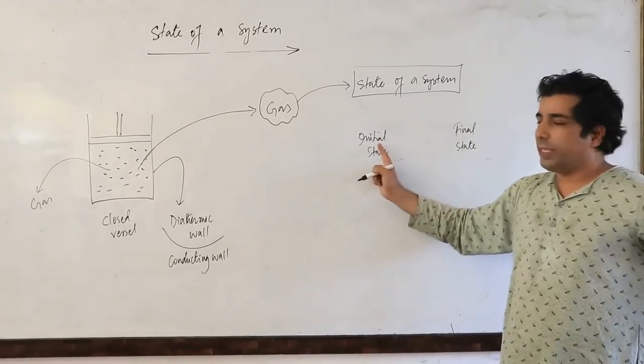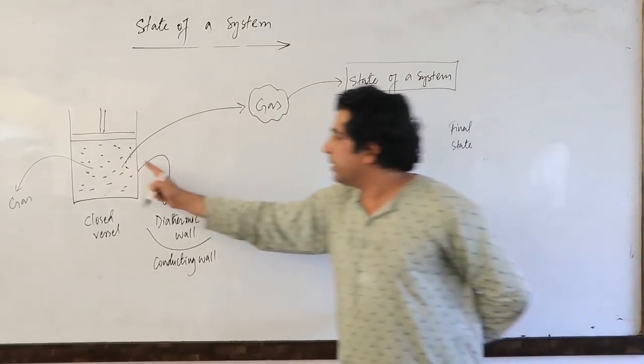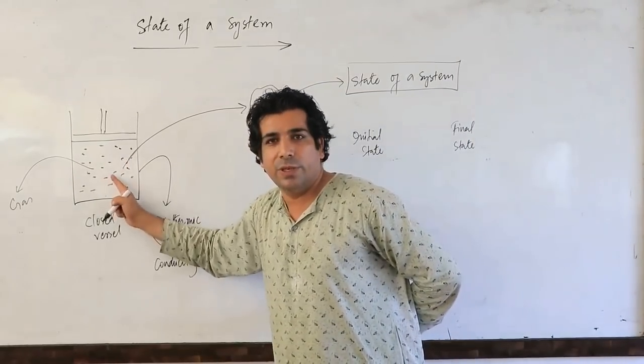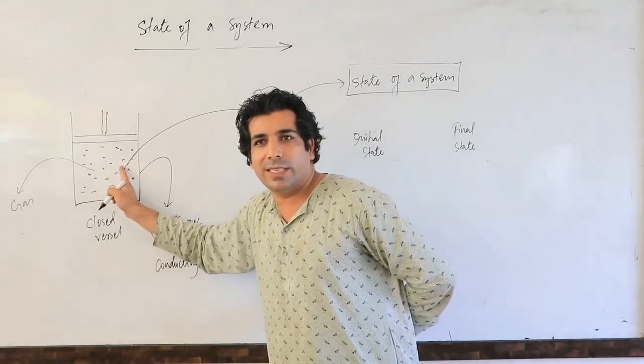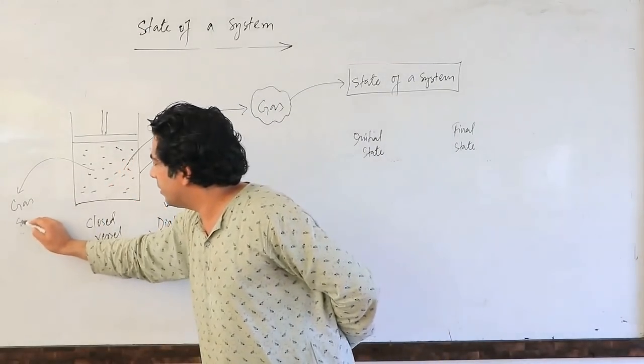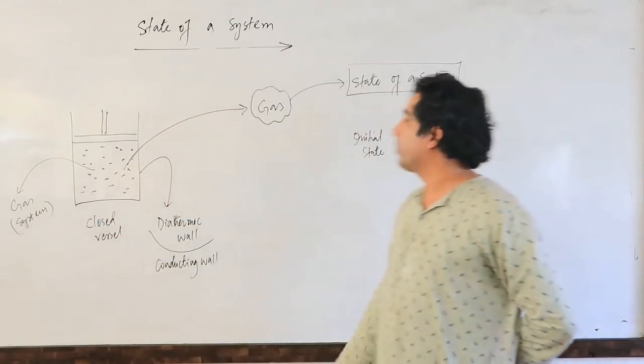So we are discussing the initial state and the final state of this particular gas, because this gas is the system here. So my dear friends, this gas is the system, this gas which is inside.